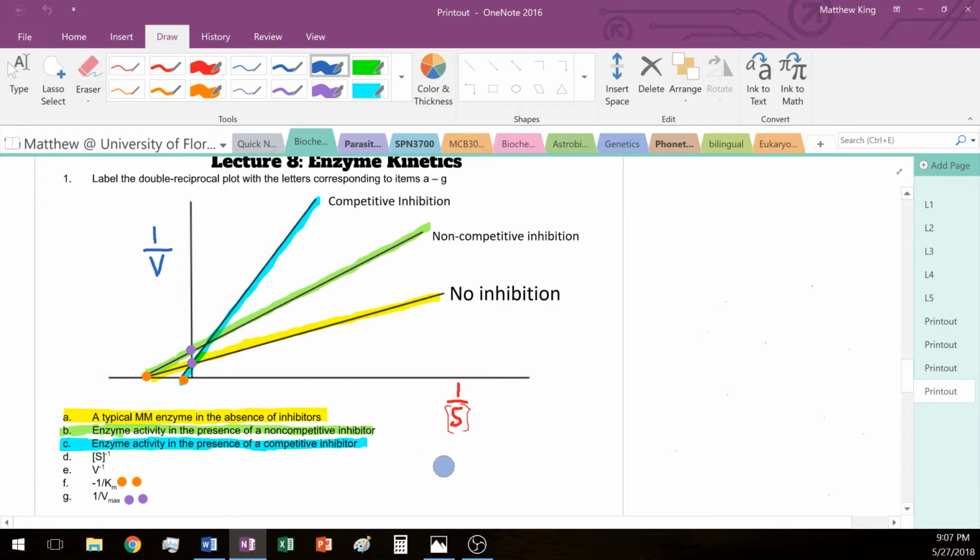So now that we have that established, let's get into our lines and what they mean. The yellow line is labeled as no inhibition. I'll switch to yellow. It is basically saying that there's an enzyme and a substrate, and there's nothing messing around with it.